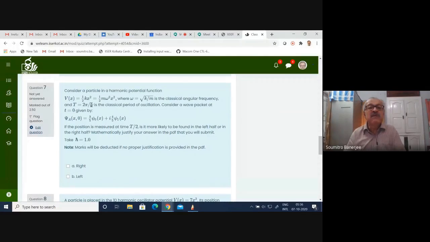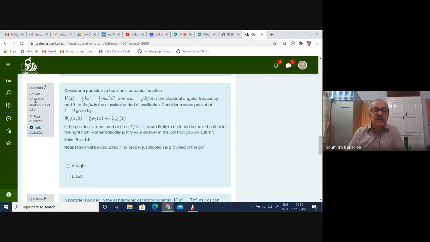The potential function is given and things like that, but that really won't matter, because if this is given, all you need to do is to multiply these positions with their own phase factors, and then calculate the phase factors at time T by 2. That's all.